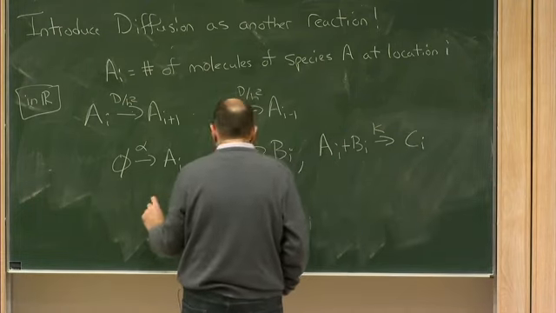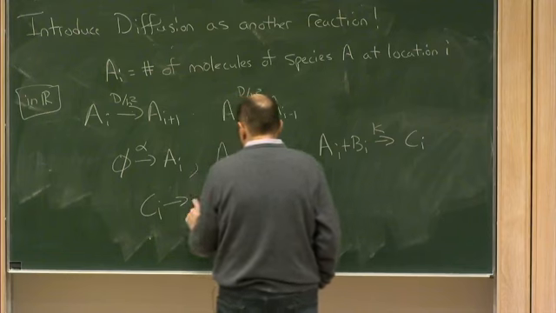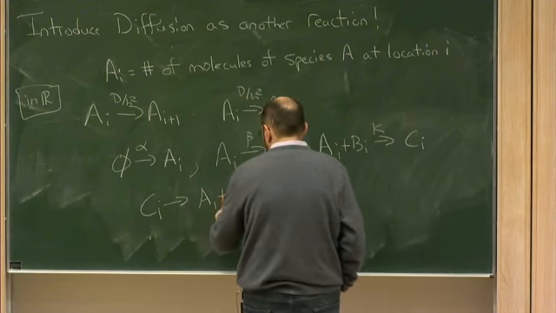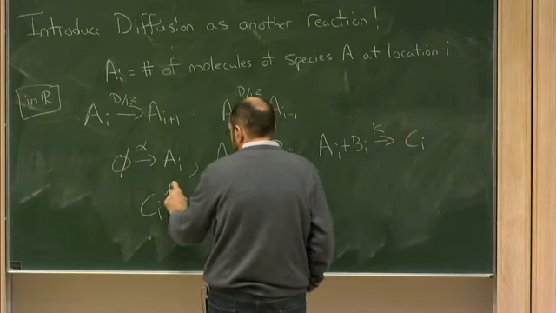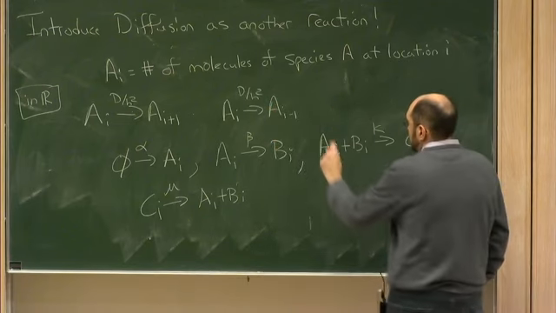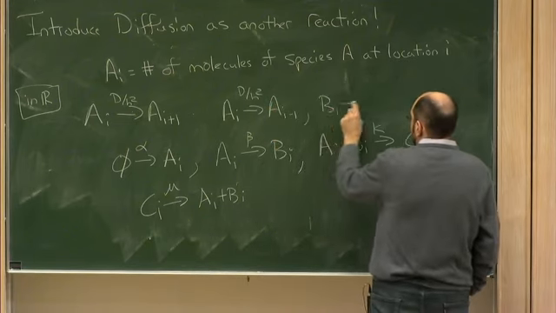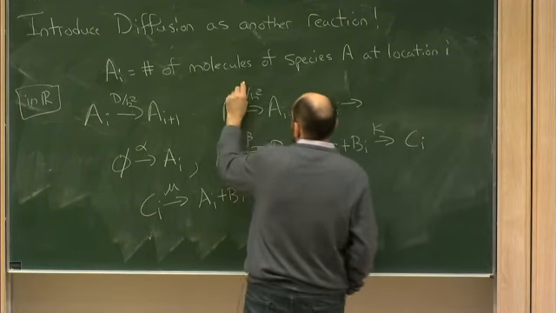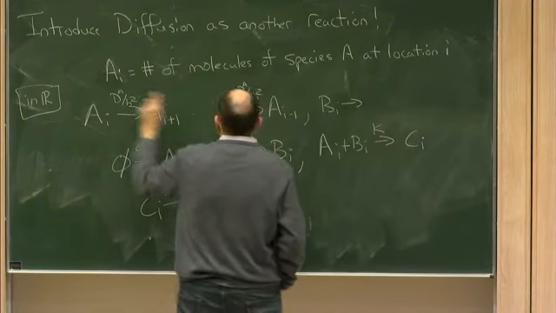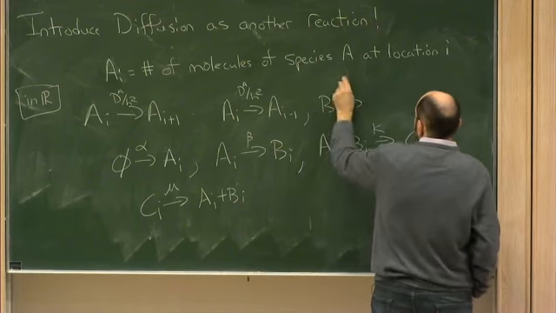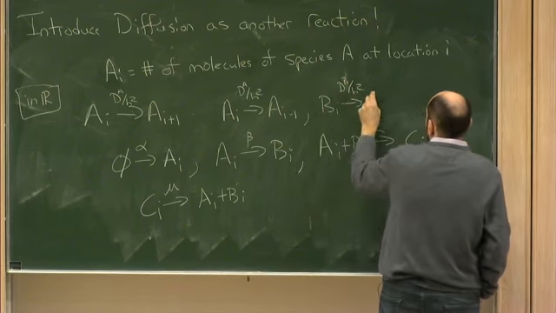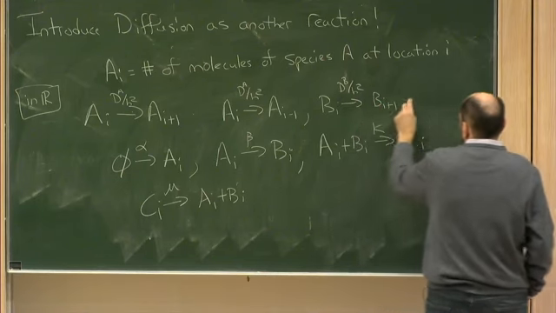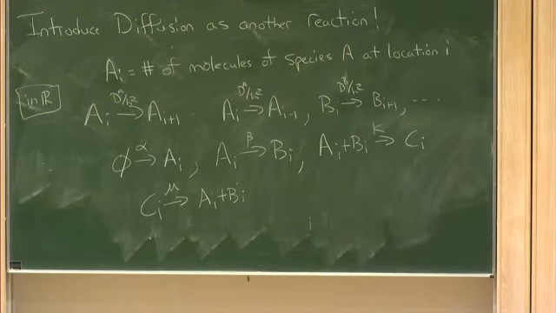And then the reverse reaction, a C can make an A and a B at some rate mu. And of course, you also have the B reactions, at rate D_B over h squared to b_i plus 1, and so on for the diffusion reactions.